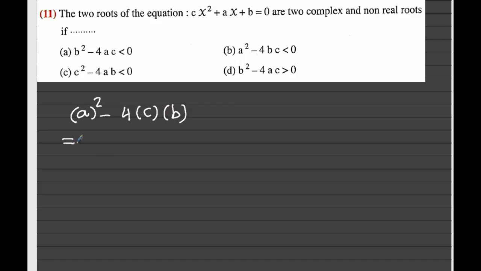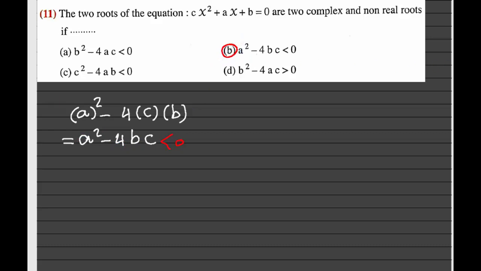So the discriminant equals a power 2 minus 4bc, or cb, it is the same. So the two roots of the equation are complex if the discriminant is less than 0, right? A square minus 4bc less than 0, and we check letter B.